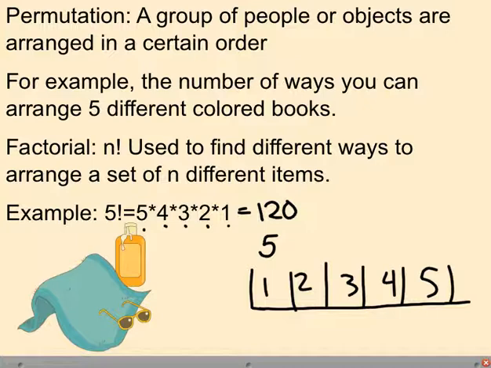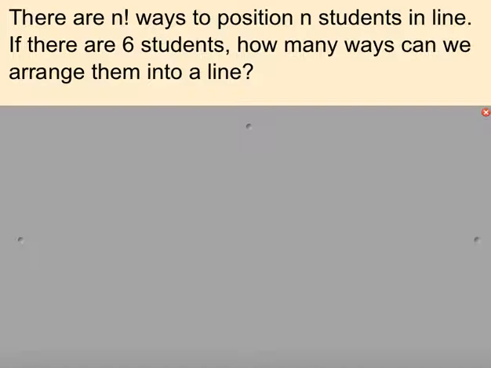Then when I go to spot number 2, I only have 4 choices now. 3 choices for spot number 3, 2 choices for spot number 4, and 1 choice for spot number 5. All of these multiplied together give me my 120 choices. Okay, that's why we use a factorial, so that we can see all of those different options for those 5 spots.